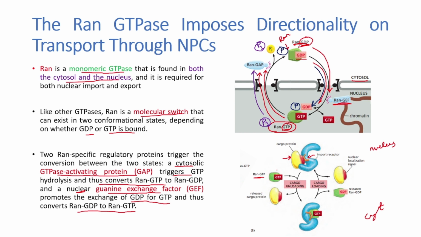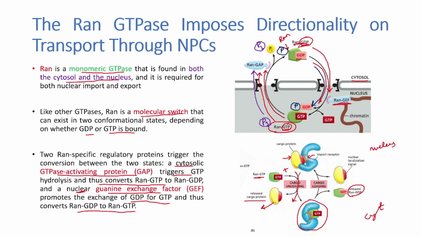This Ran GTP will take along with it this complex of the cargo protein and the nuclear import receptor, and both will be simultaneously translocated from the nucleus into the cytosol. Once they have been translocated, the cargo protein is released, and Ran GTP is converted into Ran GDP because it is now within the cytosol, and the receptor is also released.